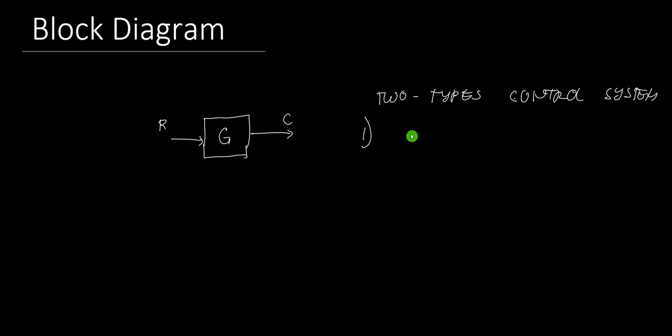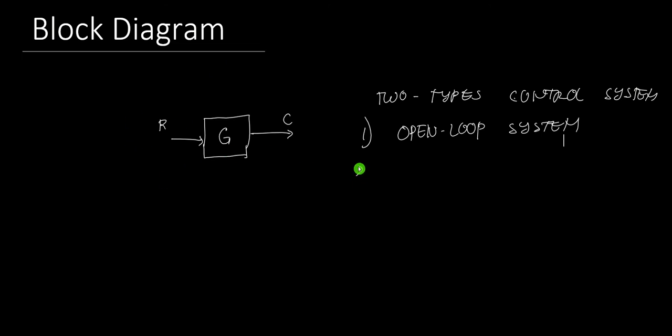We call it an open loop control system. So what is an open loop control system? An open loop is straightforward. This means the input doesn't care about the output. You apply an input, whatever the output is, I don't care.